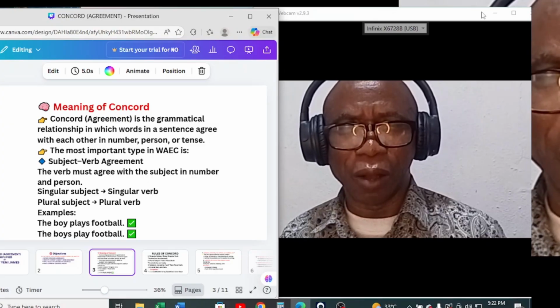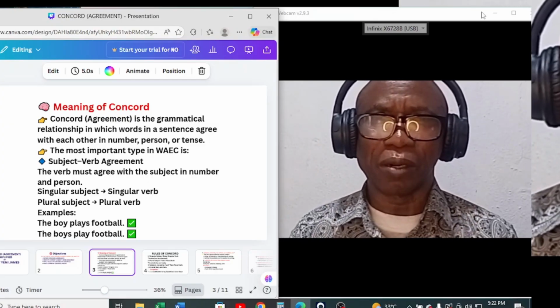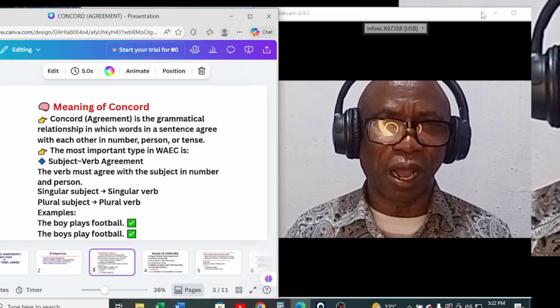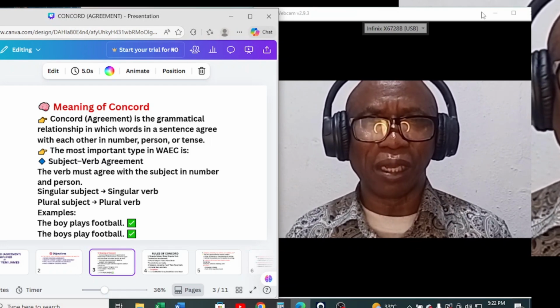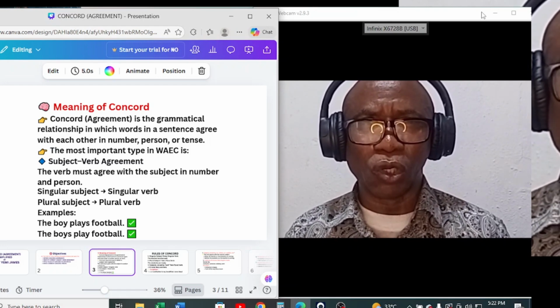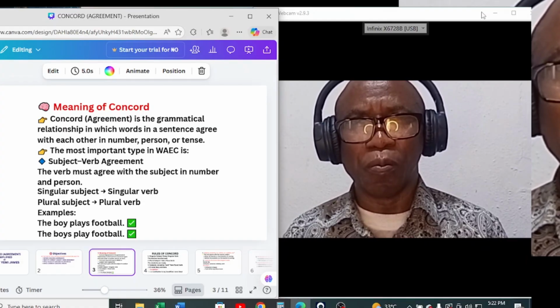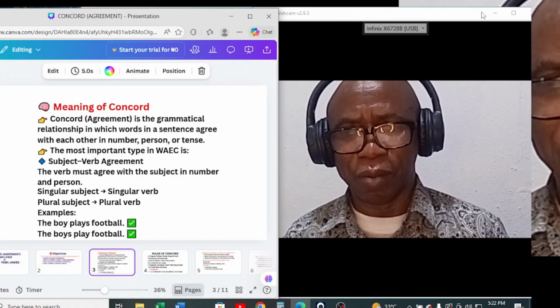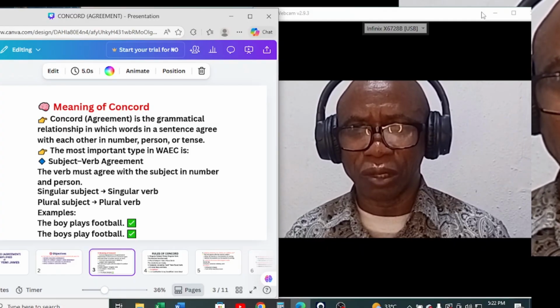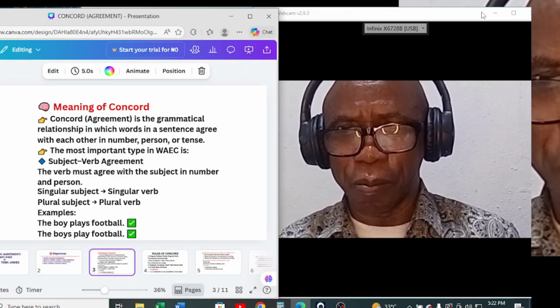Talking about noun, verb, adjective, adverb, and so on. When you begin to use the parts of speech to make sentences, then there is need for agreement. And that is the importance of the agreement we are talking about here.